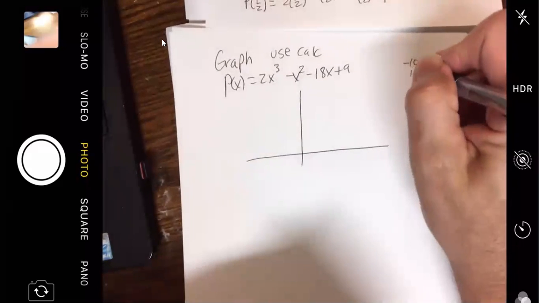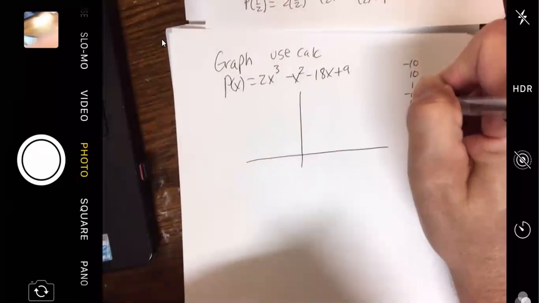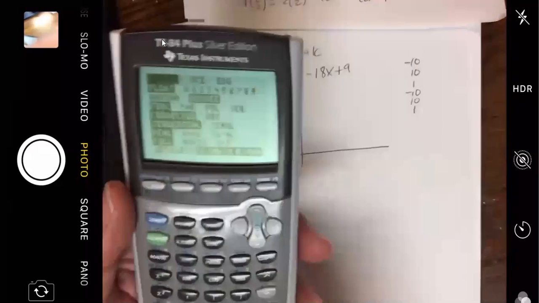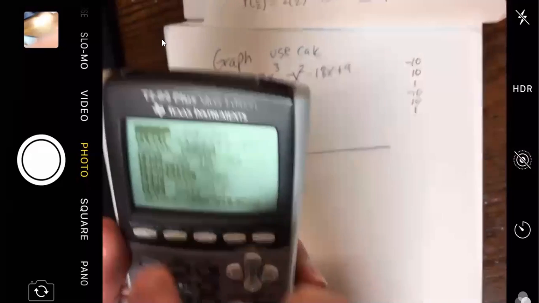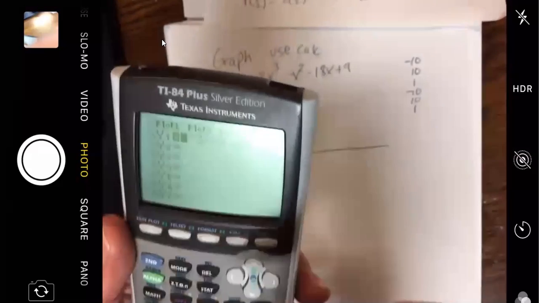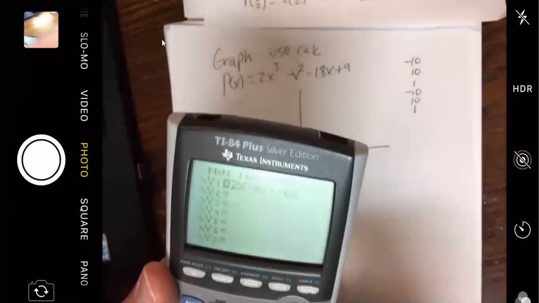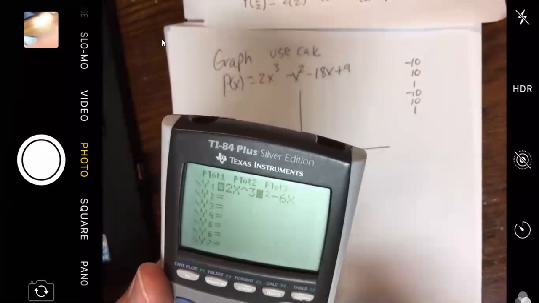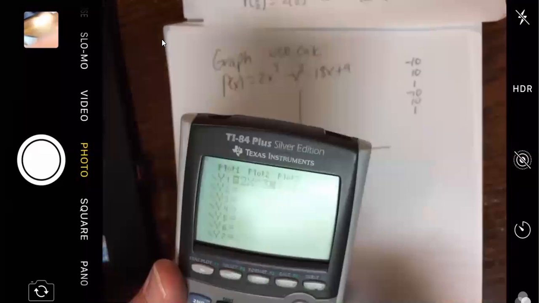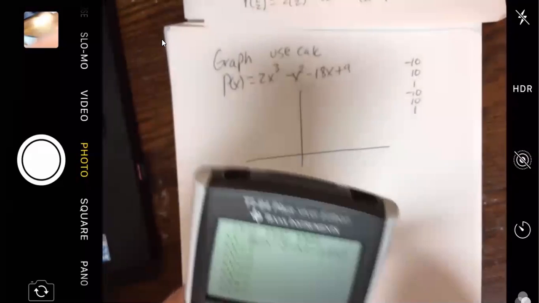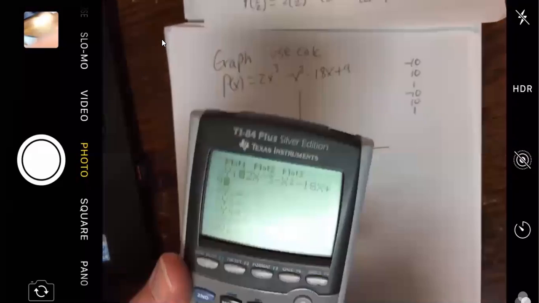We'll start with -10, 10, 1, -10, 10, 1. Sometimes you got to modify this, depending on what you get.